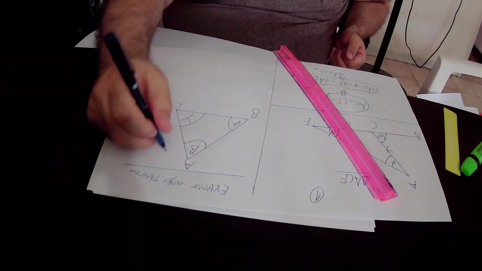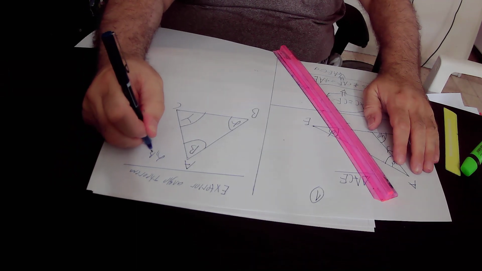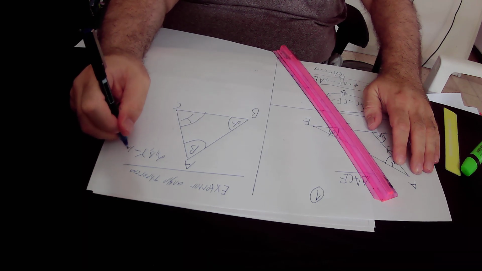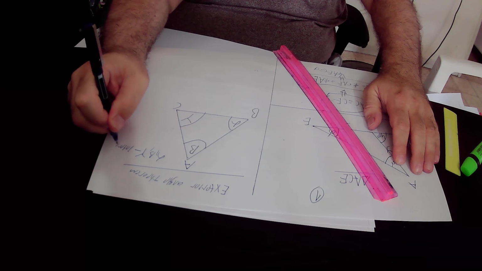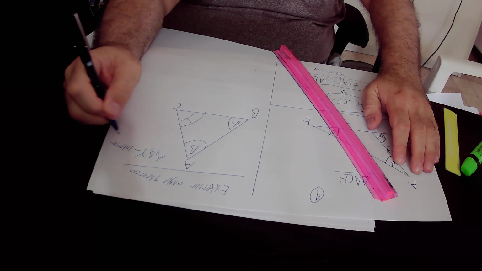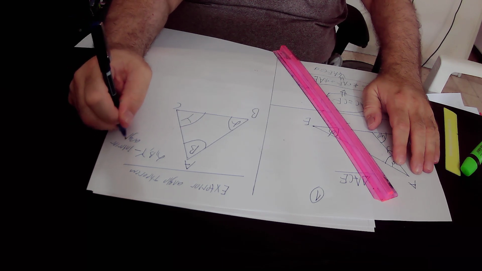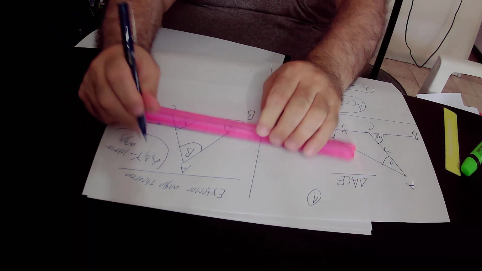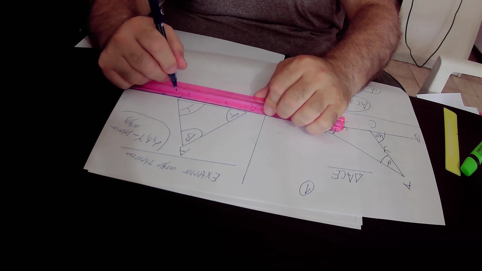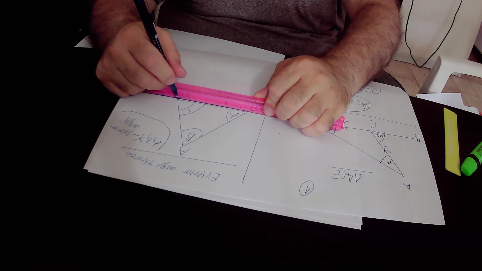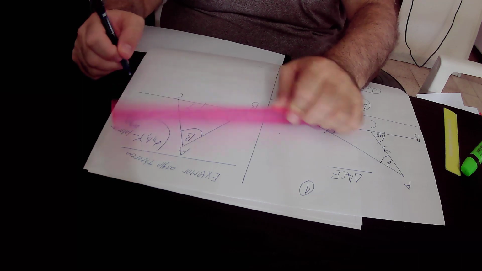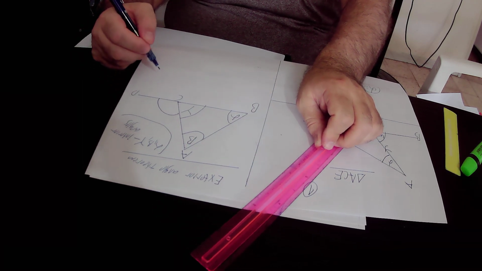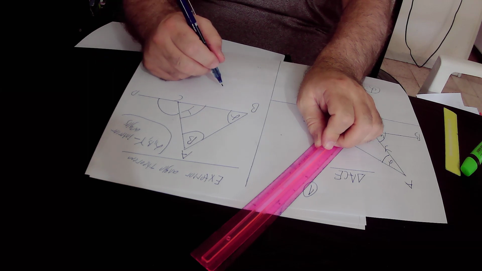Angles alpha, beta, and gamma are defined as interior angles, while this angle ACD is defined as an exterior angle.